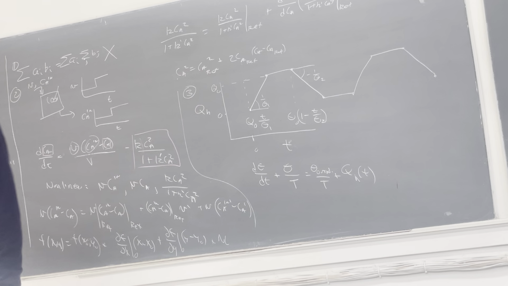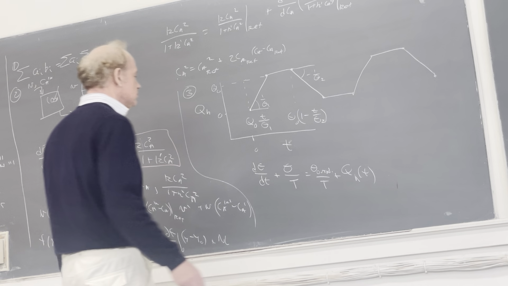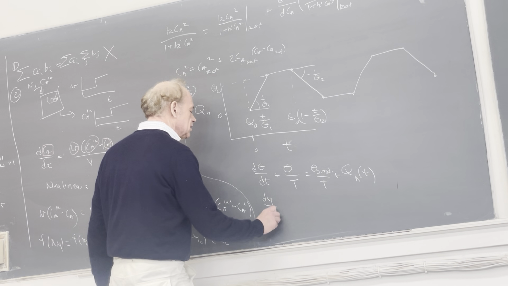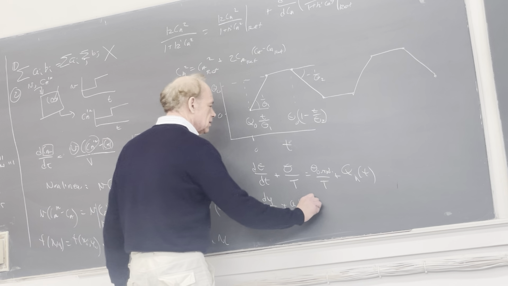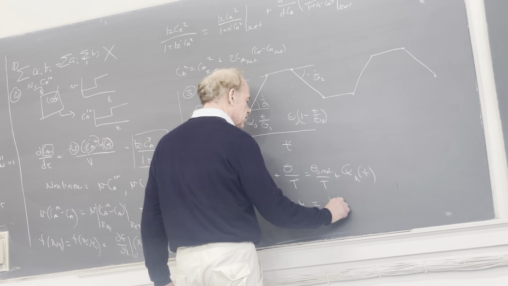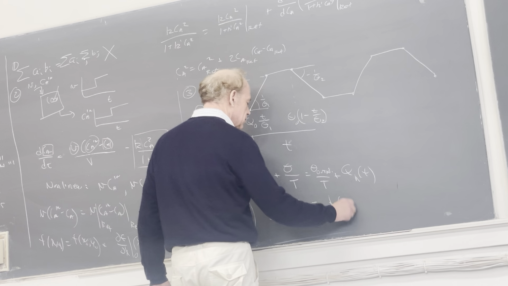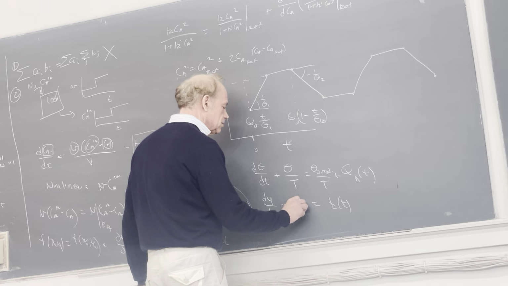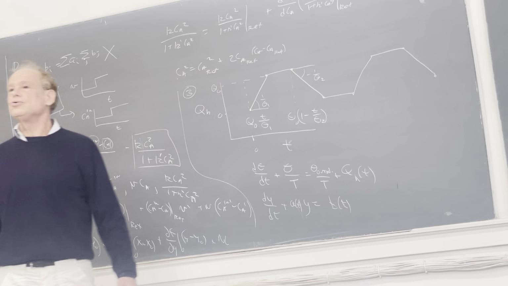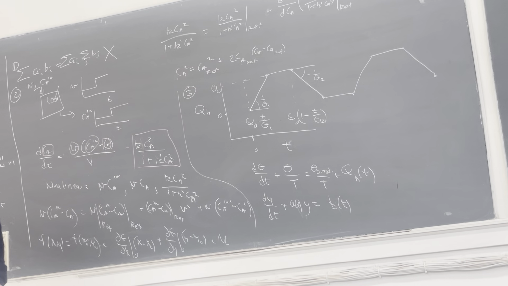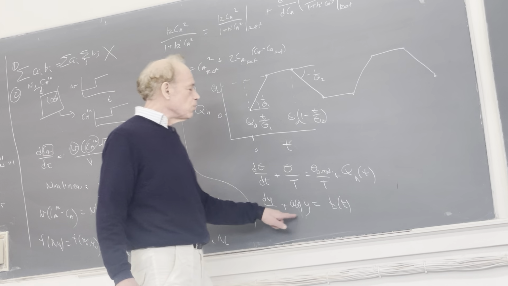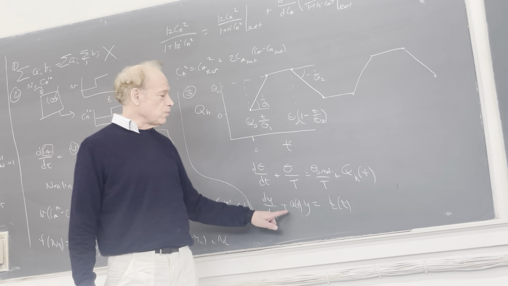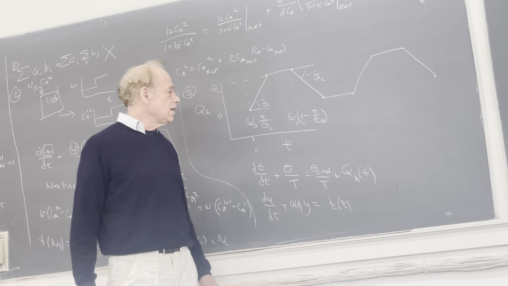I would say most of the class that even got this far used the equation dy dt plus ay is equal to b of t. And we had two reference equations in class: one where a and b were constants, and one where a and b were functions of time.